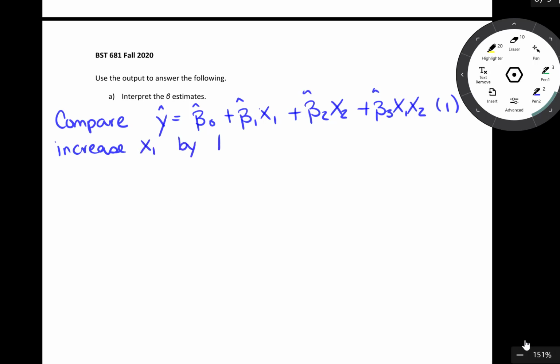The reason I'm doing this is that before, when we've talked about the interpretation of beta hat 1, we've always talked about a 1 unit increase in X1 to see what then happens in y. So I'm going to look at y hat new, which is what happens when X1 is increased by 1. The only thing I'm doing here is everywhere I've got an X1, I'm going to substitute X1 plus 1.